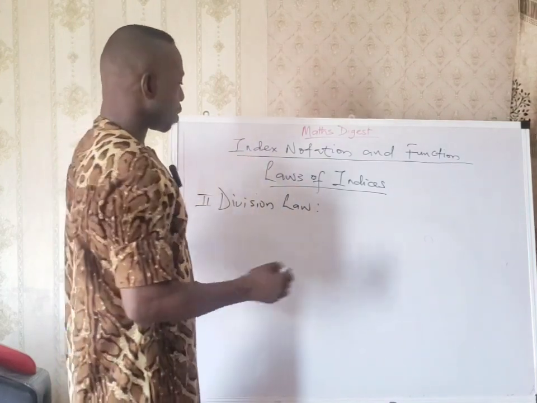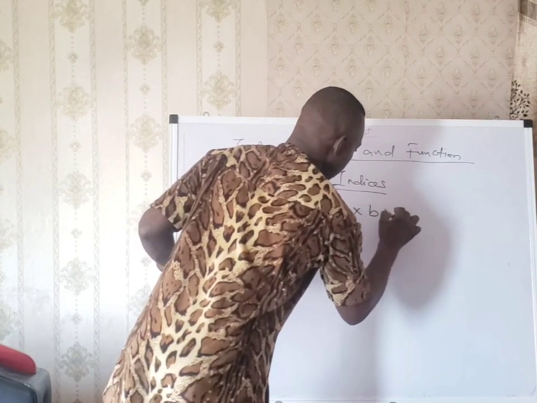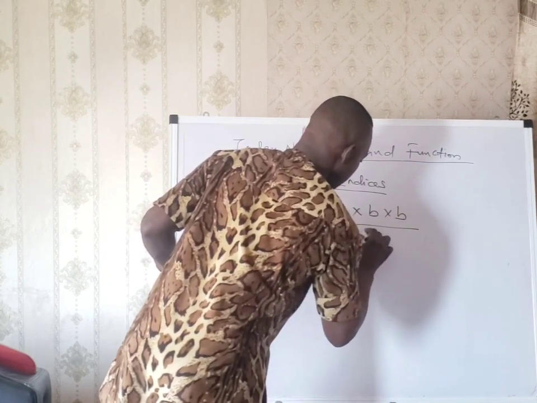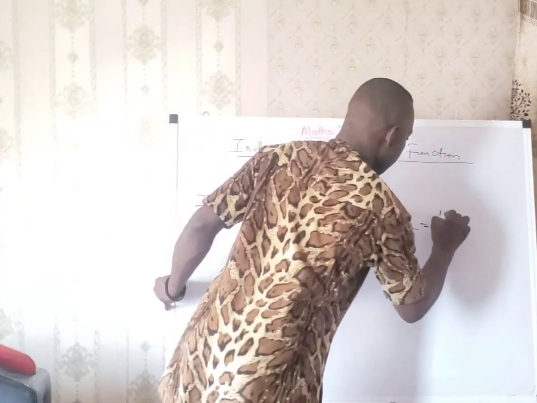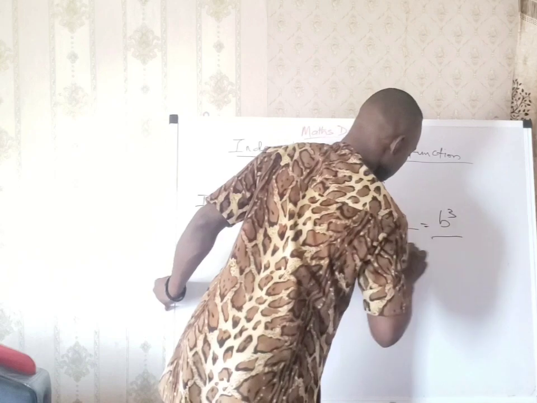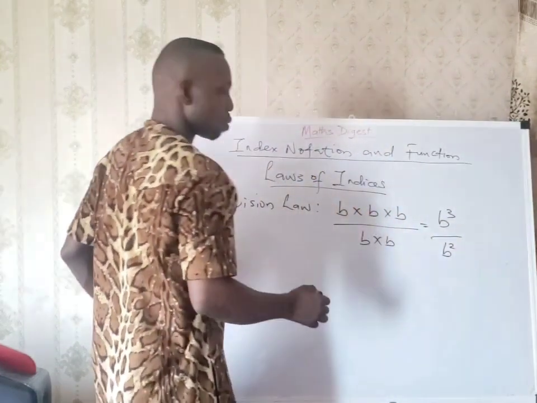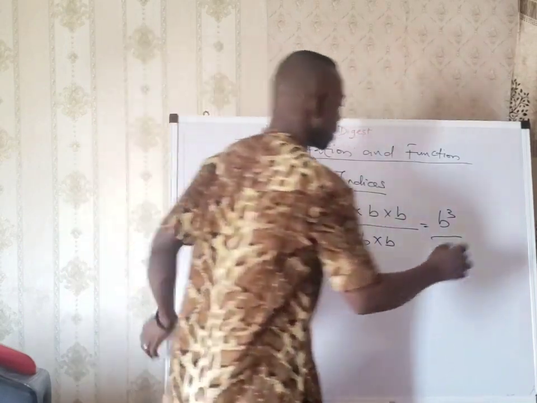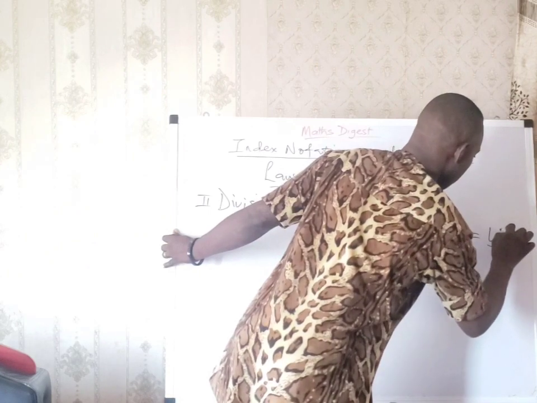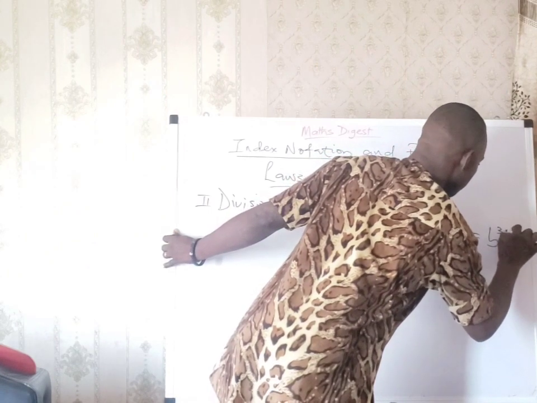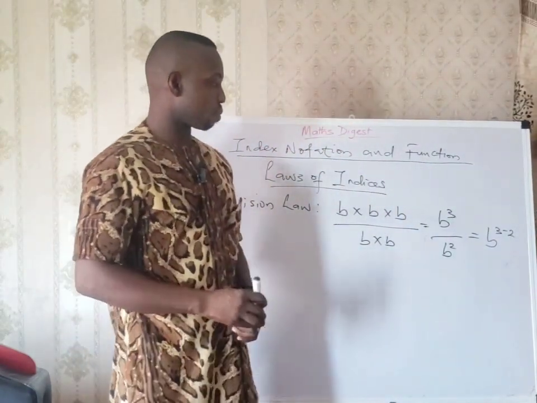If you have, for instance, b times b times b over b times b, this gives you b raised to power 3 on top, and the divisor is b raised to power 2. So the division law states that you can simply say b raised to power 3 minus 2.